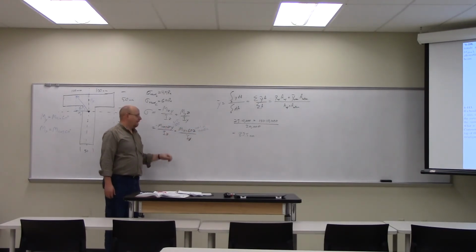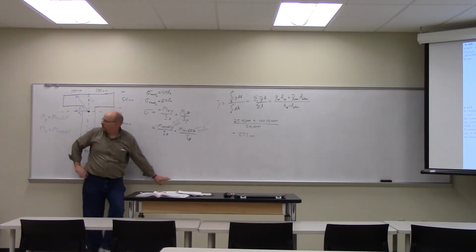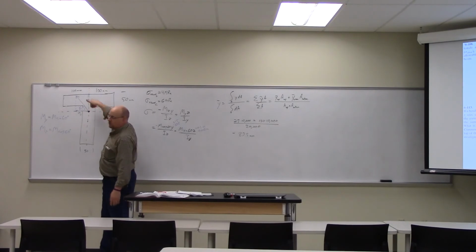So we know that the M cosine is the Y portion of our stress, right? The M cosine 60 is the Z component of the moment, and that's the piece that's bending it this way.